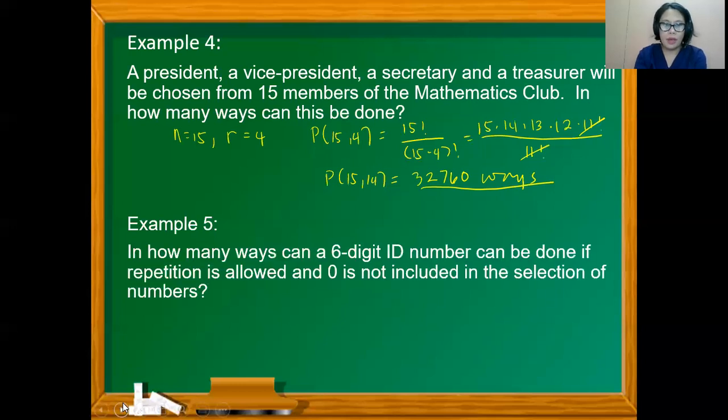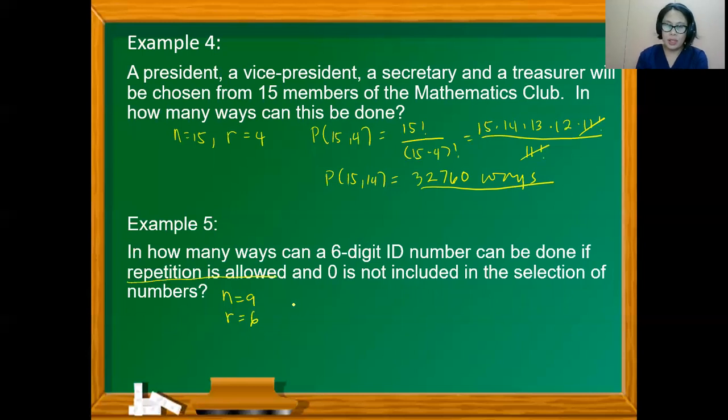And example number 5: in how many ways can a 6-digit ID number be made if repetition is allowed and 0 is not included in the selection of numbers? So we will begin from 1 until 9. So there are 9 numbers from 1 to 9. So our n is 9 and r is 6.